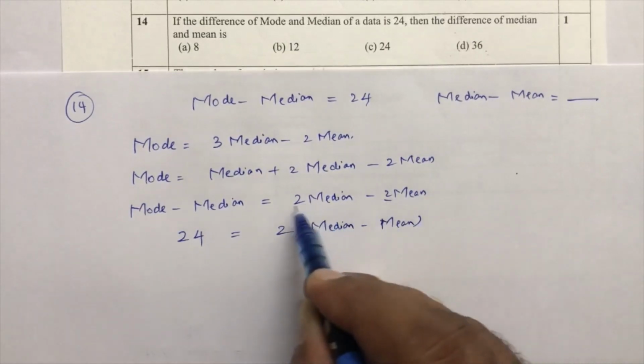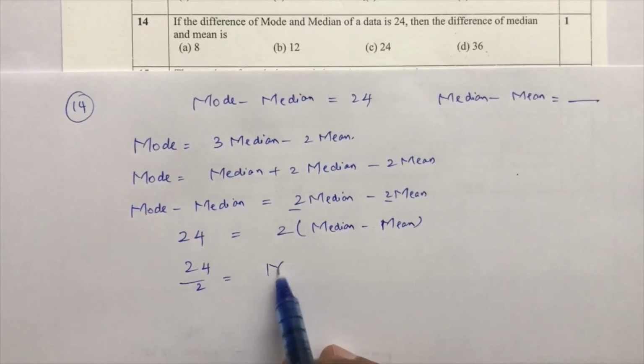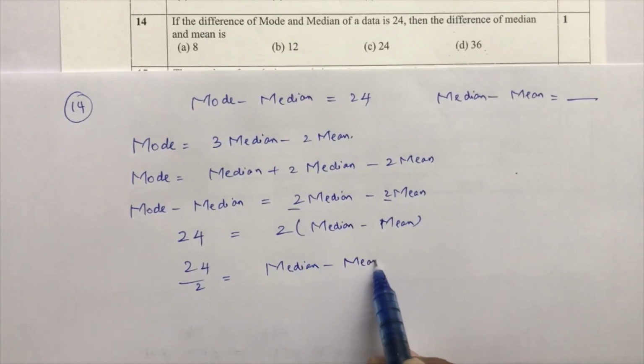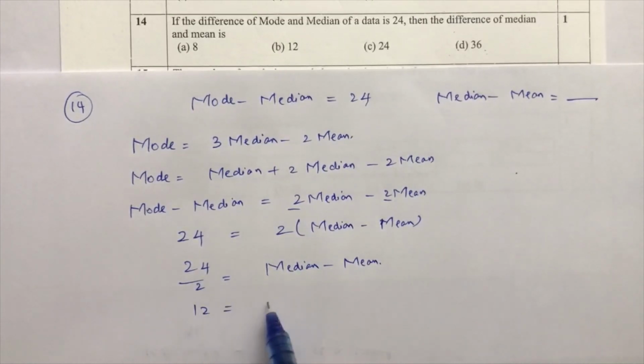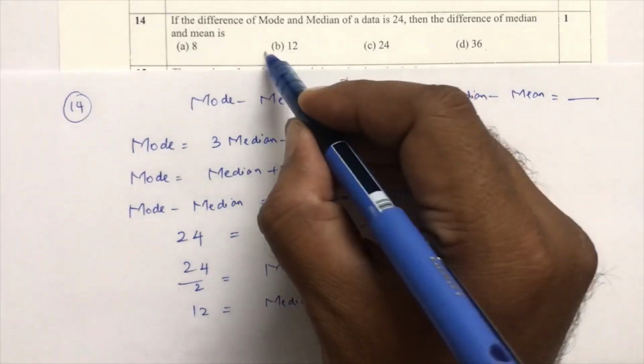Now 24 by 2 equals median minus mean. So the difference between median and mean is 12. The correct option is B.